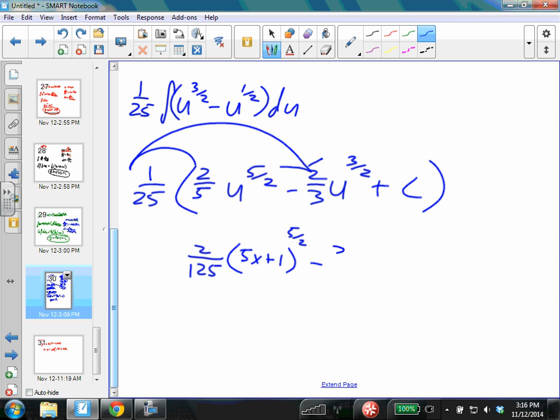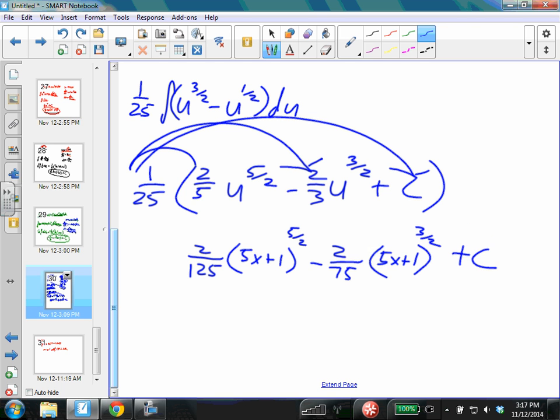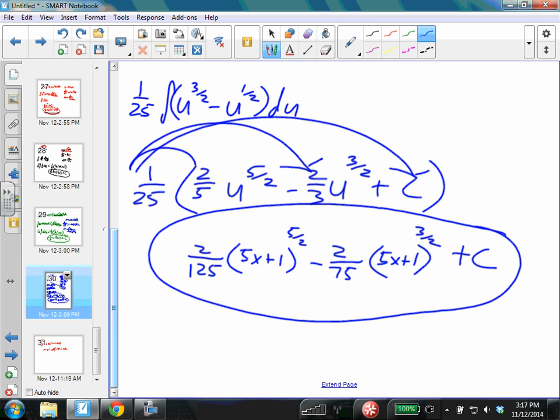This is 2 over, and then on bottom, 25 times 3 makes 75, and then u is (5x plus 1) to the 3/2 power. And then 1/25 times c just makes a constant still. And so there we have our antiderivative.